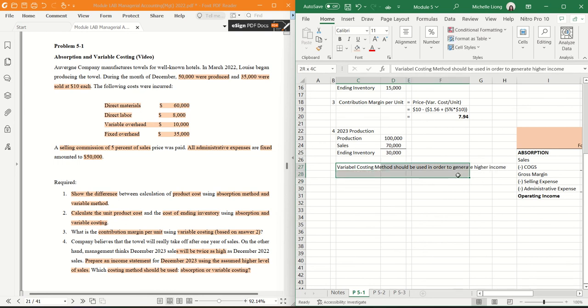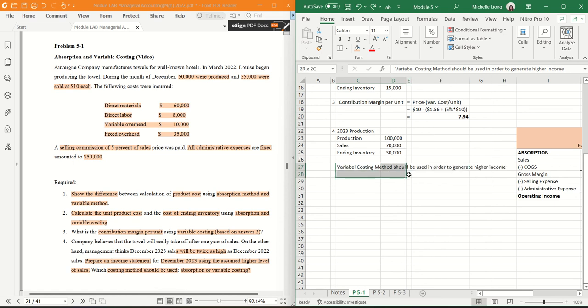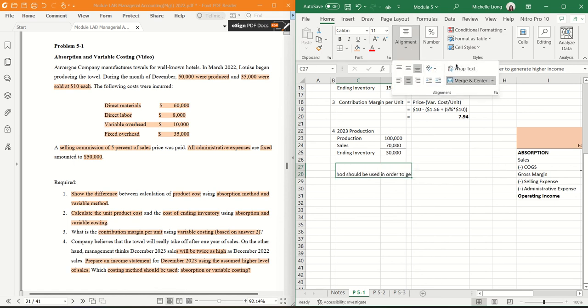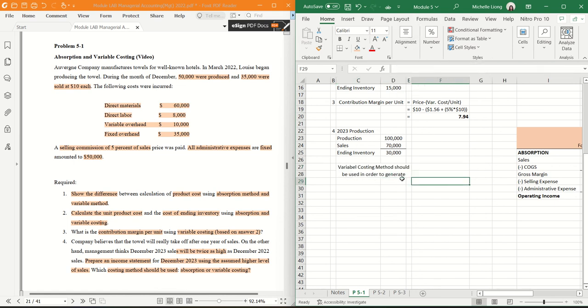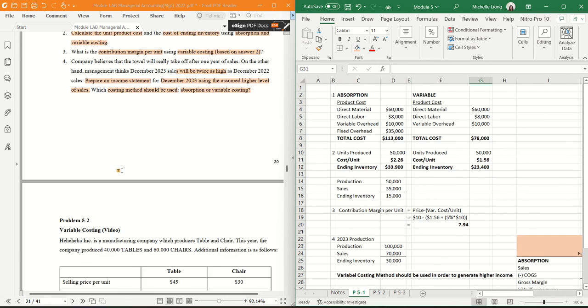Okay, so this is the answer for number 4. Okay, and we are done with problem 5.1.